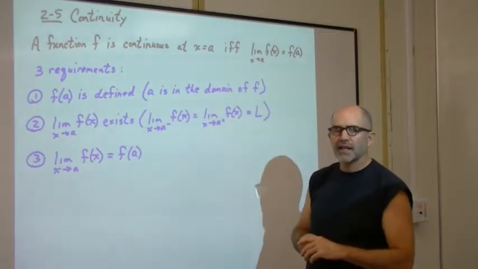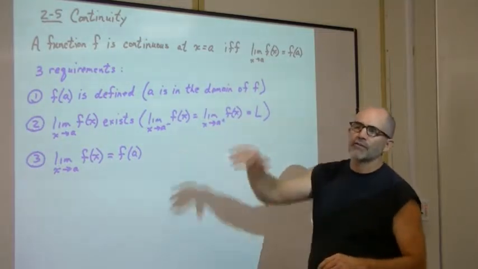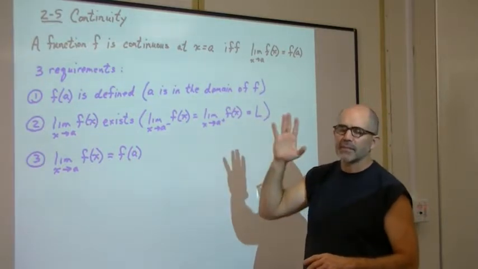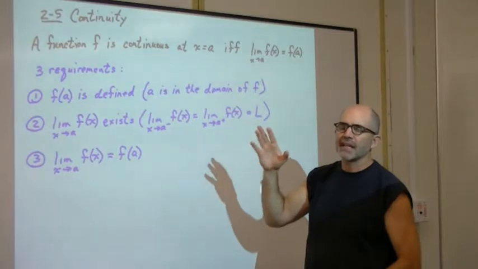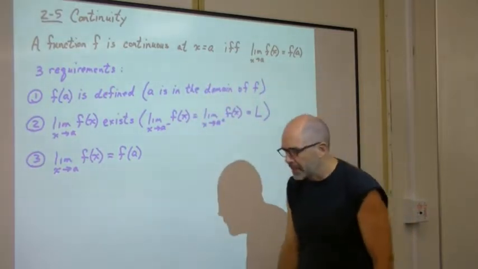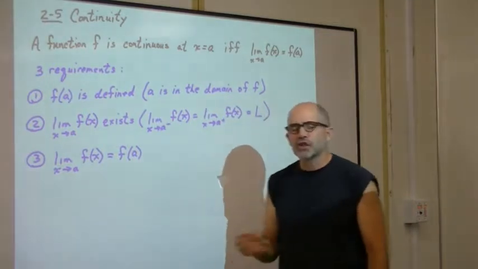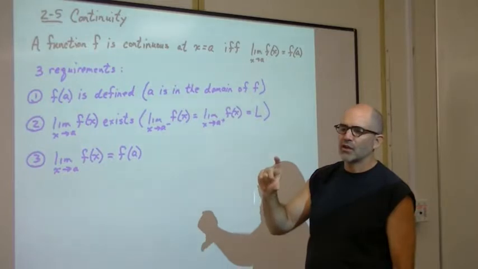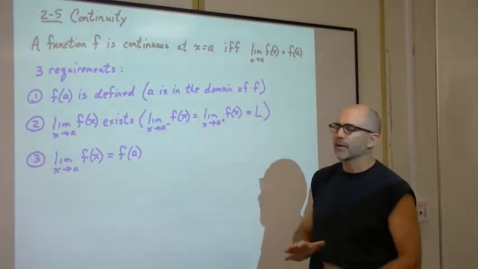Infinite discontinuity, which means you've got a vertical asymptote, so like f of x equals 1 over x is going to be discontinuous at x equals 0 because you have a vertical asymptote, and that's infinite discontinuity. And then you have jump discontinuity, like a step function. There's a discontinuity at each step.